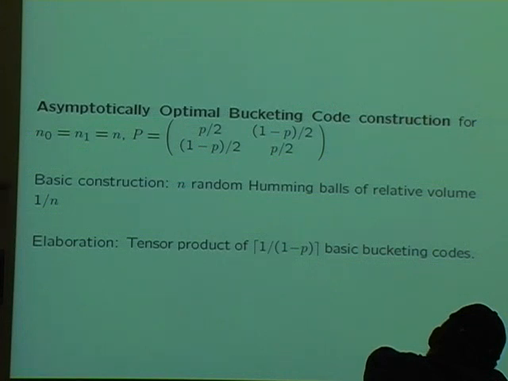So this is the basic thing, and we have to do tensor products of these. And it works. So the same approach of building random codes in information theory works in here too. In the more general matrix case, the construction is more elaborate, but again, it's a random construction.